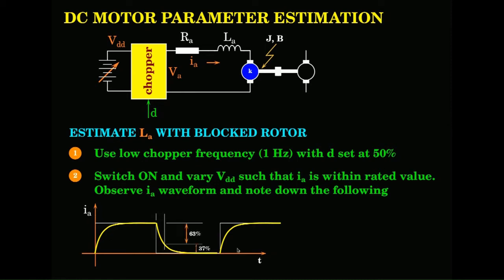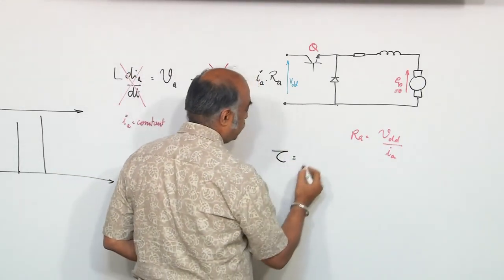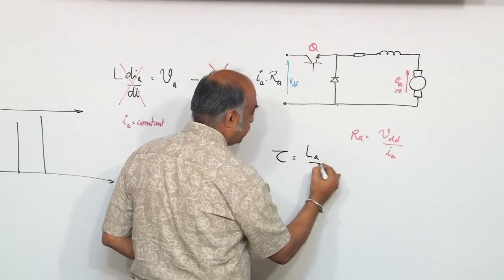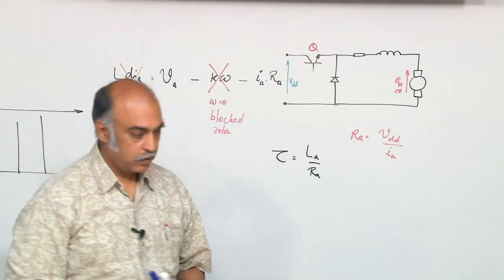This portion will be around 37%. Now that point of intersection here would be one time constant, right. That is what we are interested in, that we will call tau A. And what is tau A? Tau A is LA by RA, right.